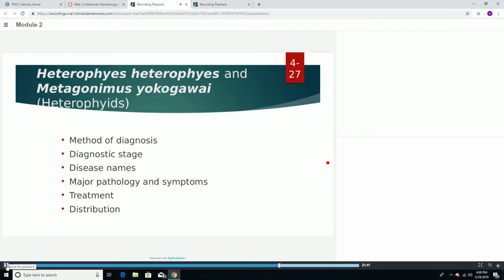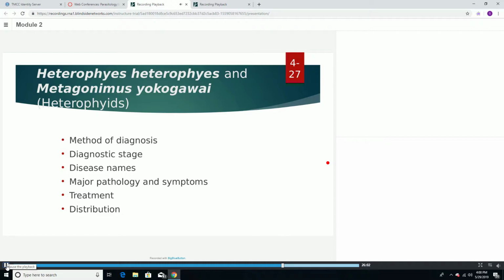So the method of diagnosis for these parasites, we're going to recover and identify eggs in feces or duodenal drainage. Differentiation is difficult. Some may lack the knob at the shell end, opposite of the operculum. Just like the last organism we saw, some of them may lack that terminal knob.